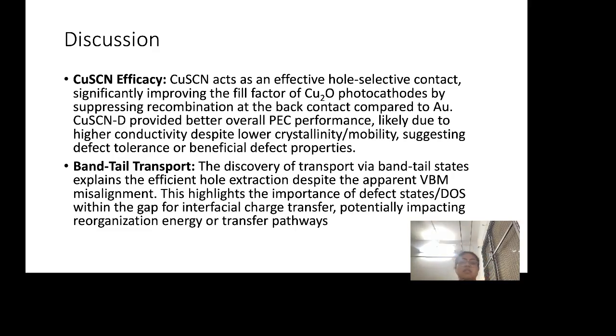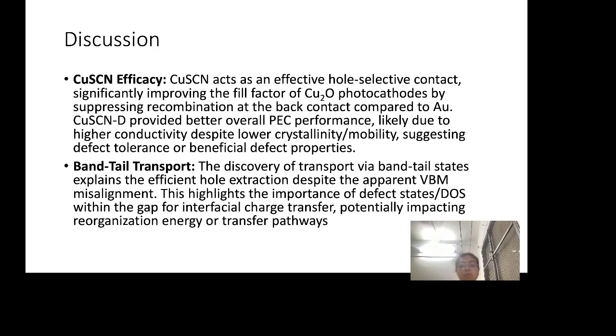Second is the mechanistic perspective, where you see band tail transport and the discovery of how band tails explain how we are able to overcome the barrier from the misalignment of the valence band maxima.